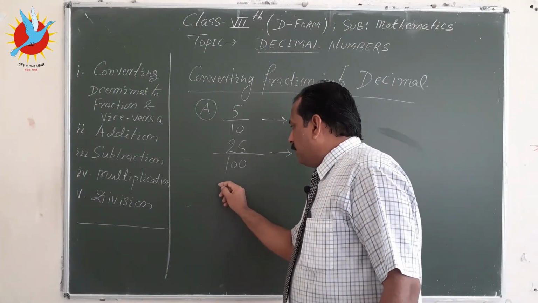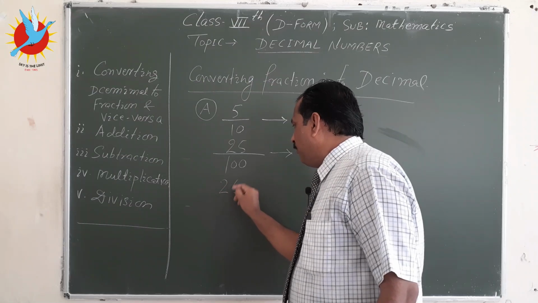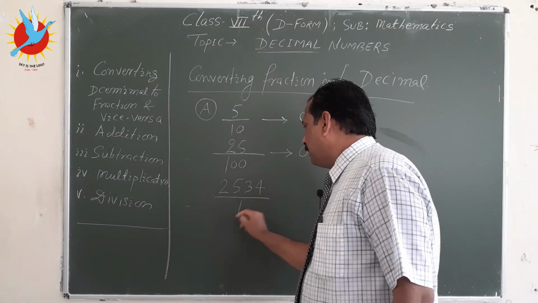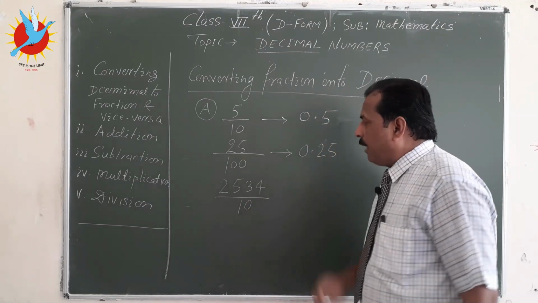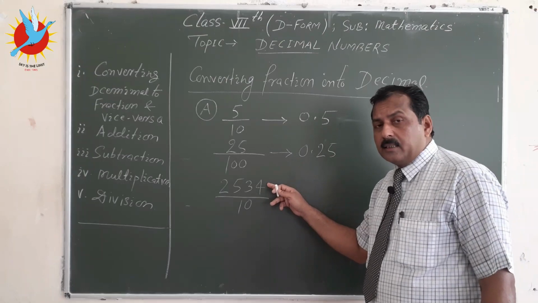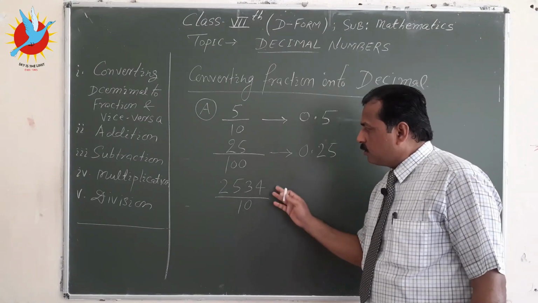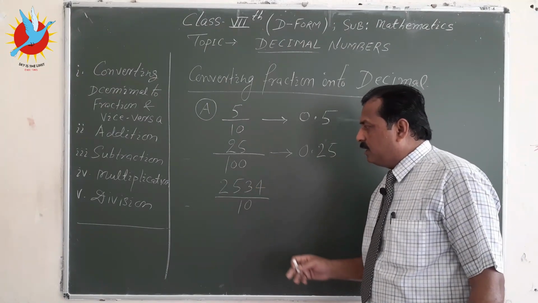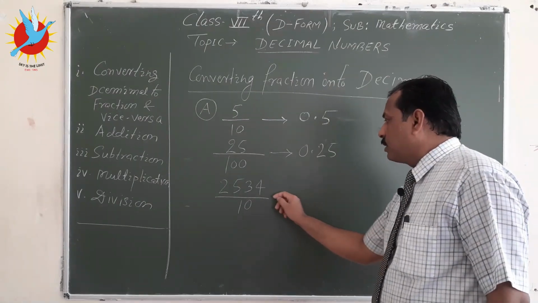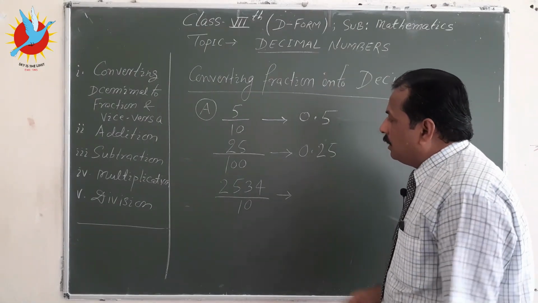Let us say this 2534 divided by 10. Try to see the pattern. This numerator is greater than the denominator, so this number is more than 1, meaning there must be a whole number part and then a fractional part. So how to convert?